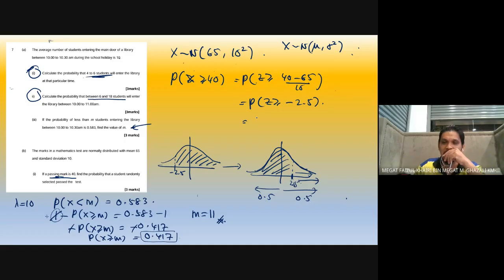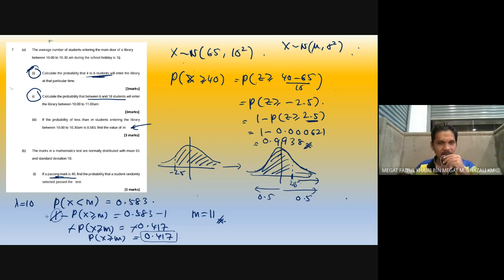So for this, it is 1 minus probability of Z greater than or equal to 2.5. Find this in your statistical book: 1 minus 0.0000621 equals 0.9938.